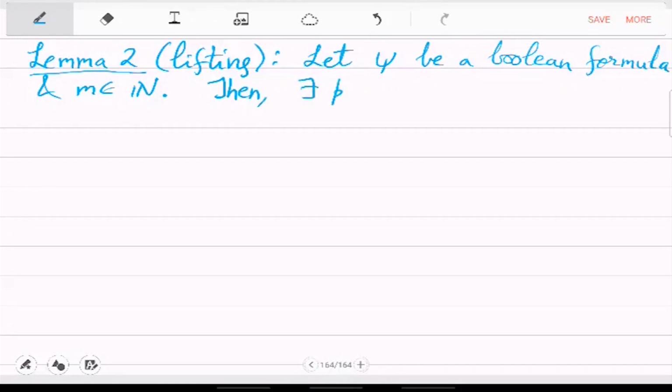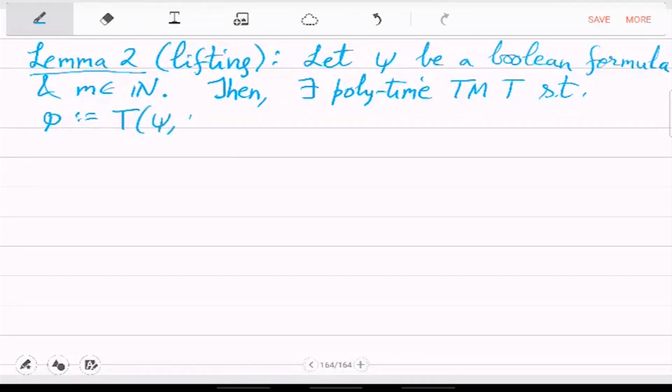there exists a polytime Turing machine T such that it will transform psi to phi, this will be the output of T given the input instance psi and m.